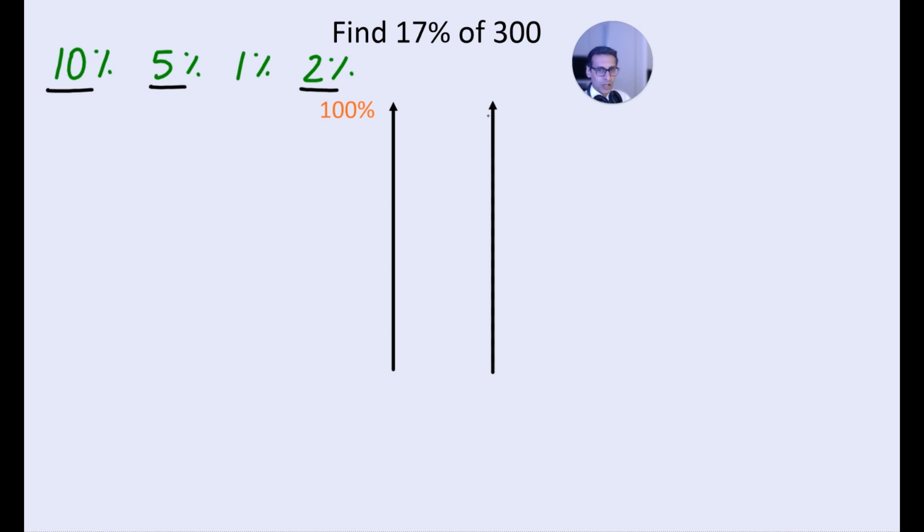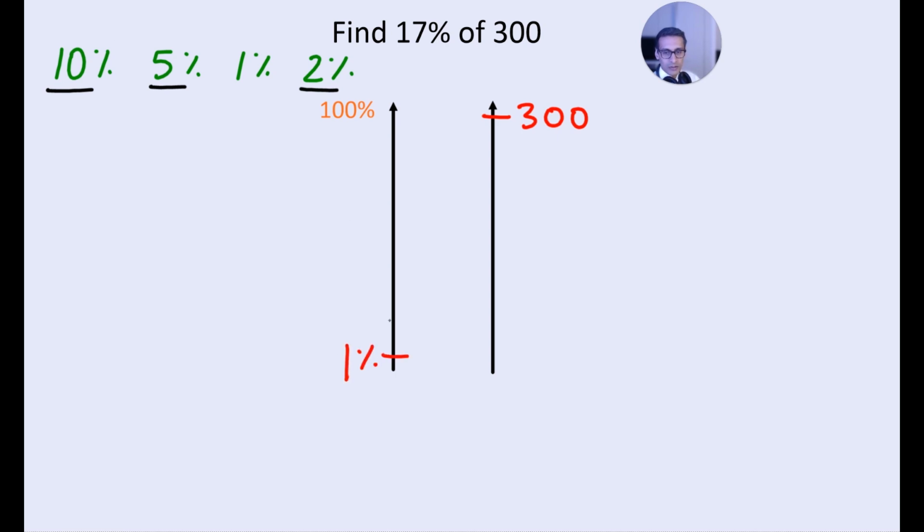So first of all, 100% is going to be 300, and we can actually label our percentages that we're going to work out. So we know we're going to need 1%, 2%, 5%, and 10%. The scale doesn't have to be accurate.